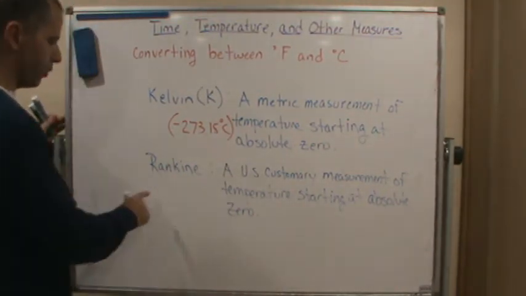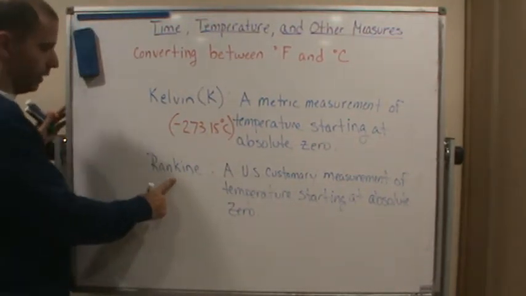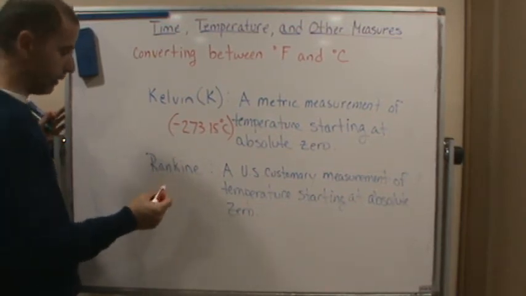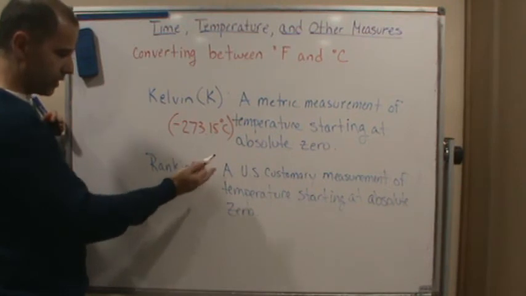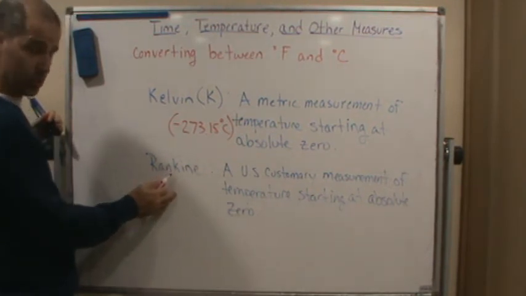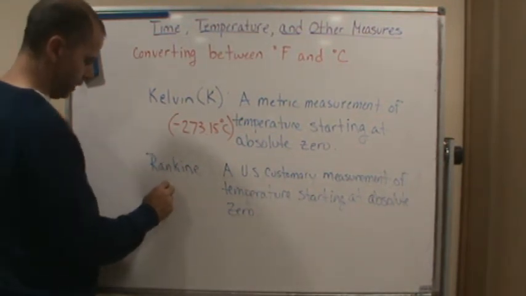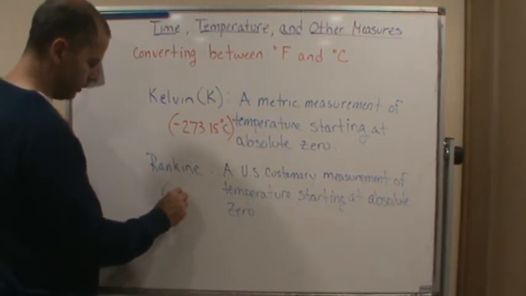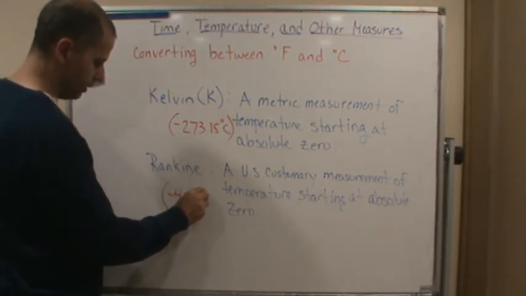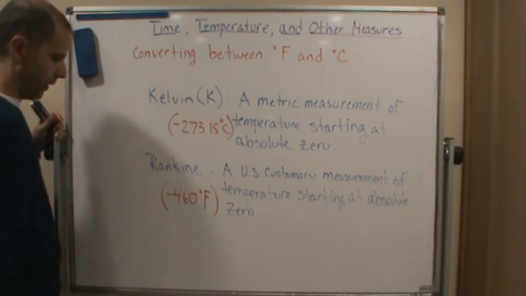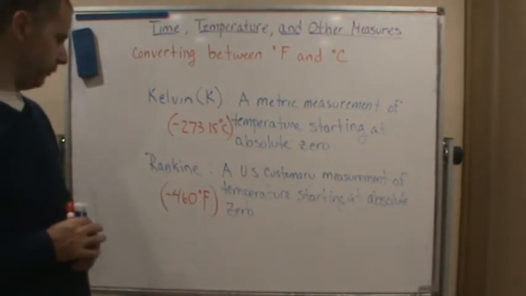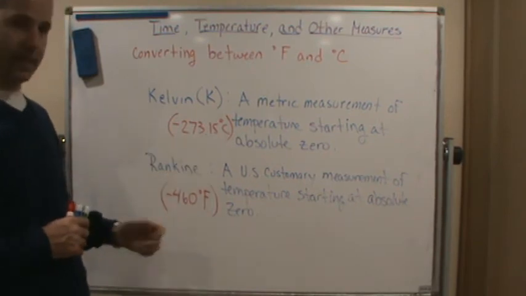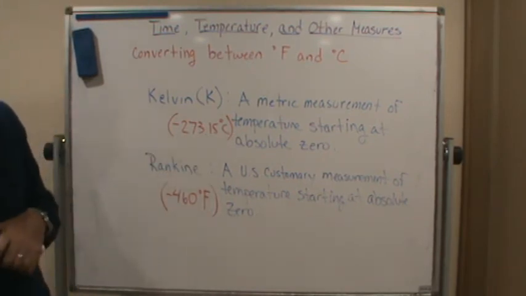Now on the Rankine system, the equivalent would be on the Fahrenheit. Fahrenheit is the U.S. customary scale that's more related to this one. So this would be negative 460 degrees Fahrenheit.